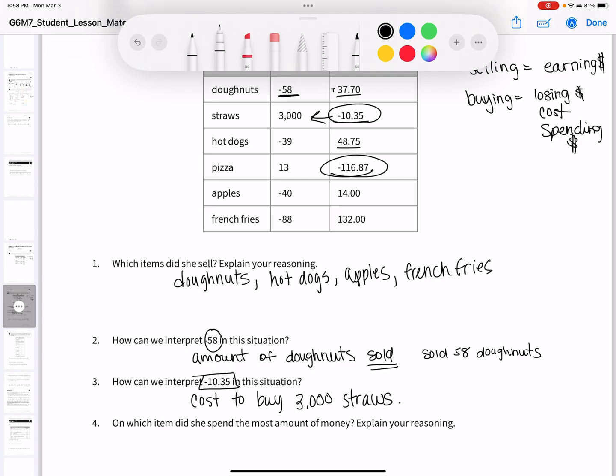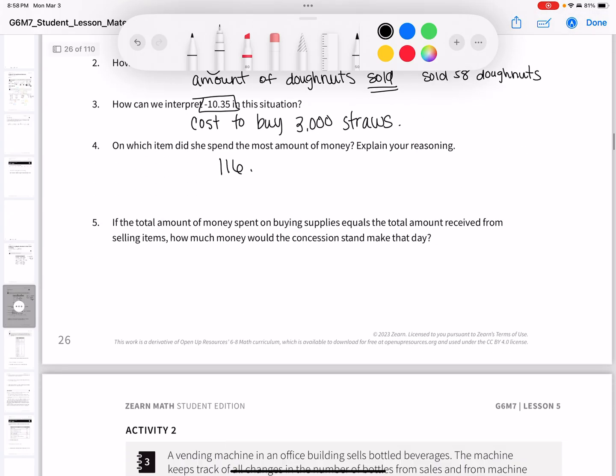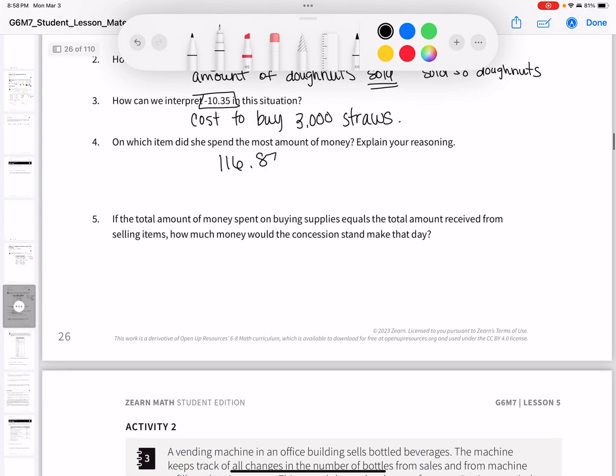Well, that would be $116 for pizza. So she spent $116.87. Spent $116.87 on pizza. That was her spend. Okay.